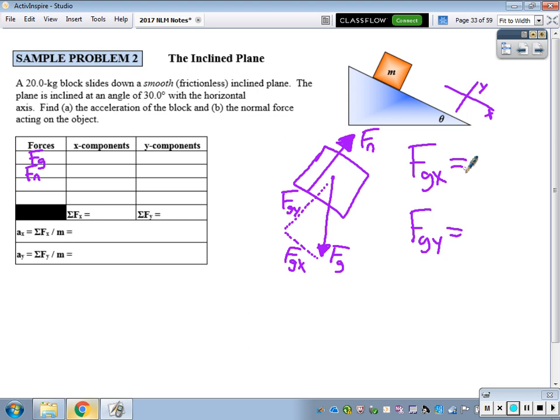But here's what's kind of unique about it. Before we rotated our x and y axis, our y component, FGY, would have lined up perfectly with the vertical. Okay, it would have lined up right here. So if it was just a regular problem on a horizontal surface to calculate an object's weight, we would just do m times g. Done.